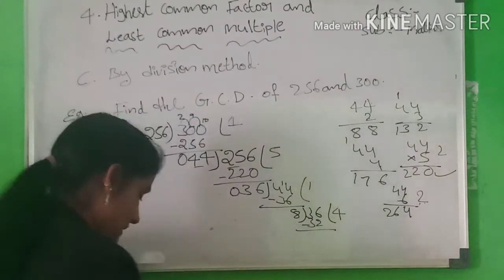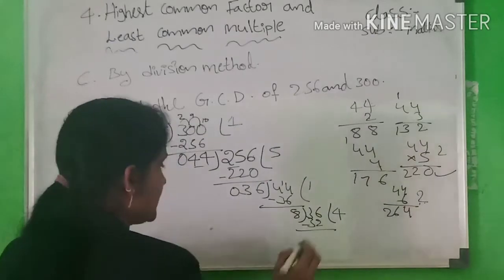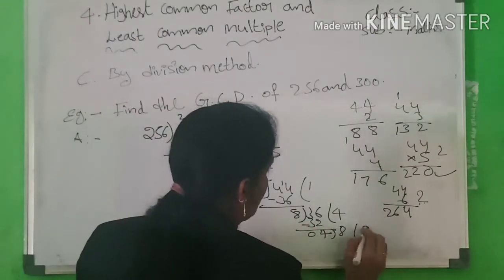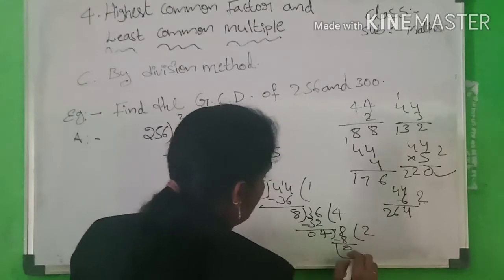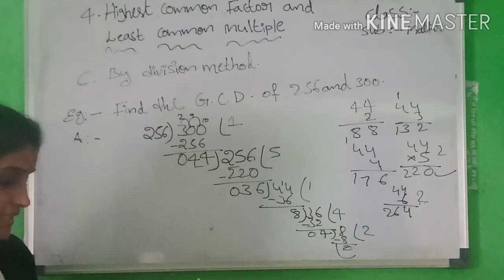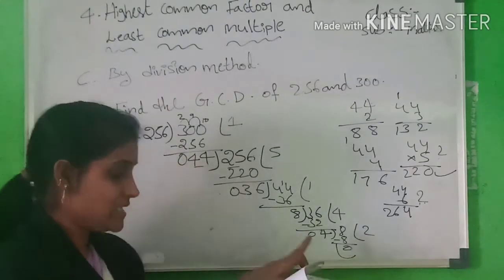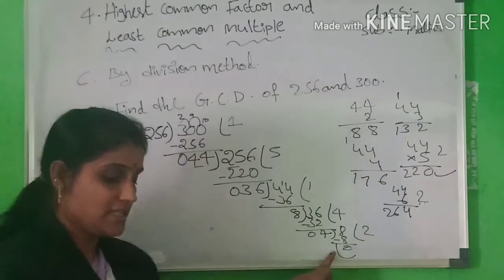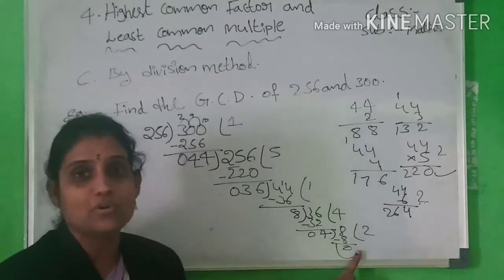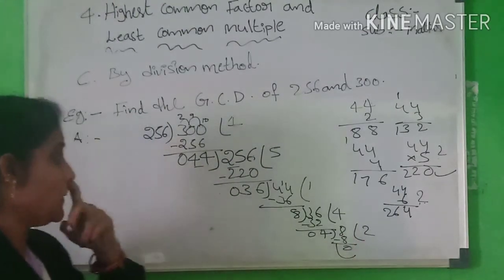Now 36 minus 32 is 4. 4 2s are 8, so now you divide. Here we stop the division, because here the remainder is 0. Okay, children.